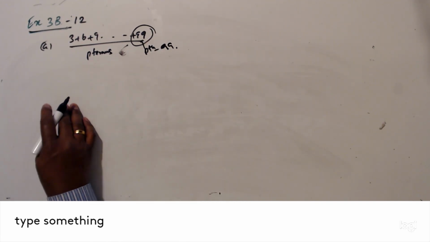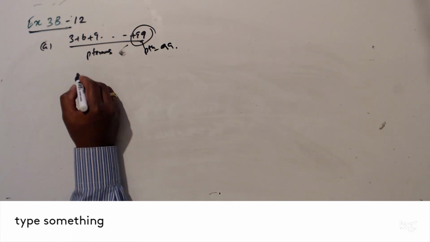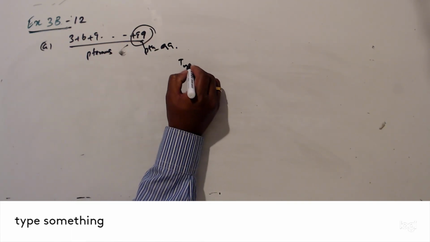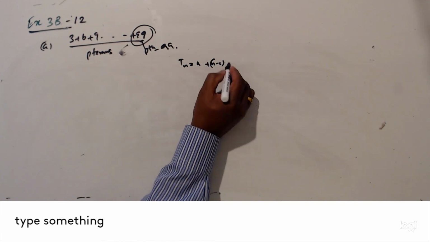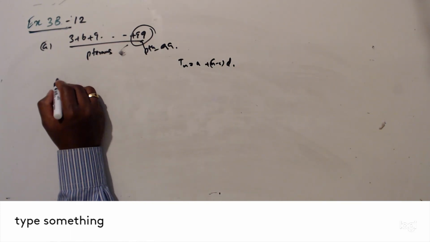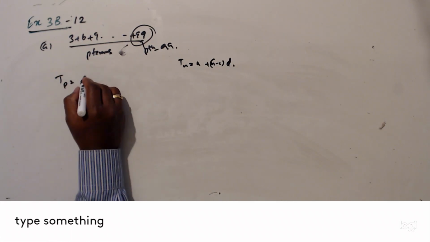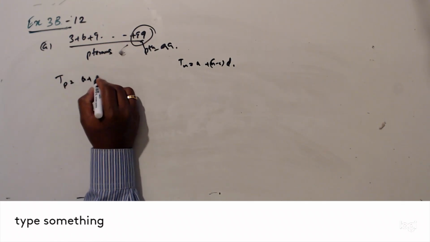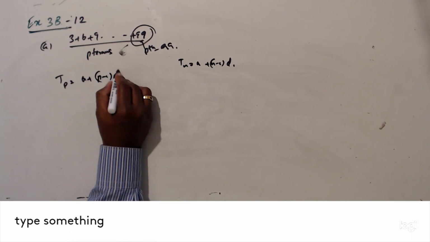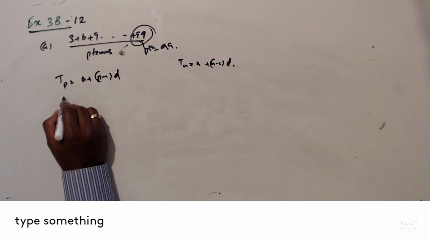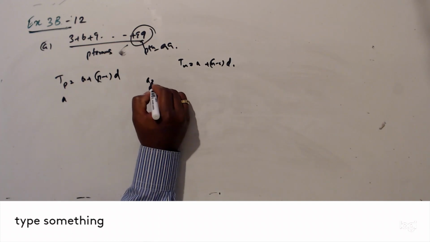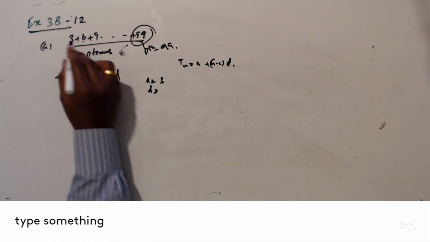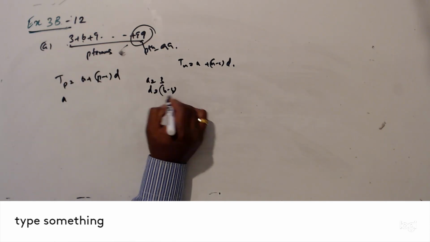Now we know the nth term, Tn equals a plus n minus 1 times d. So the pth term is Tp equals a plus p minus 1 times d. Now we know a equals 3 and d equals 6 minus 3, which is 3.